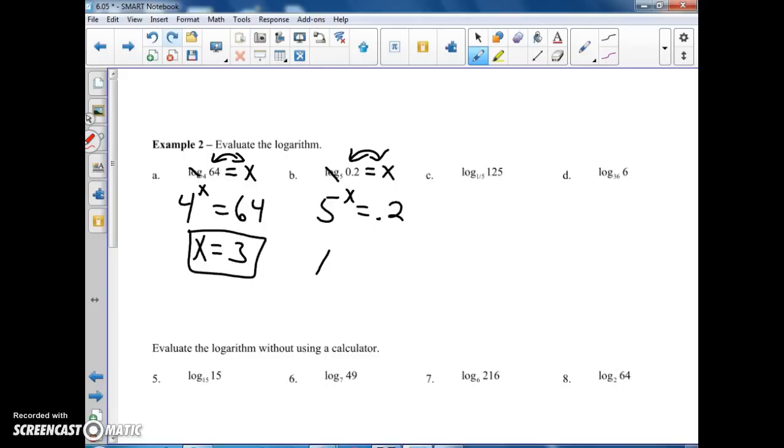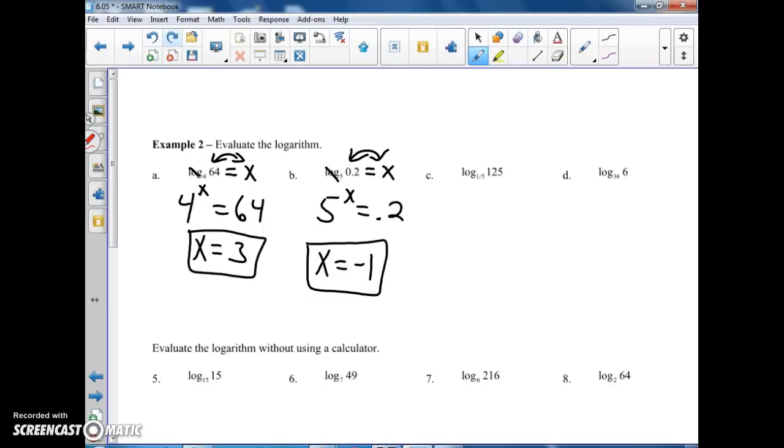Negative 1. See, look how easy it is. 5 to the negative 1 power would be 1/5. It's a negative exponent, so you put it under 1. We just talked about that. That's what you learned earlier in the year. All these lessons are coming into play.